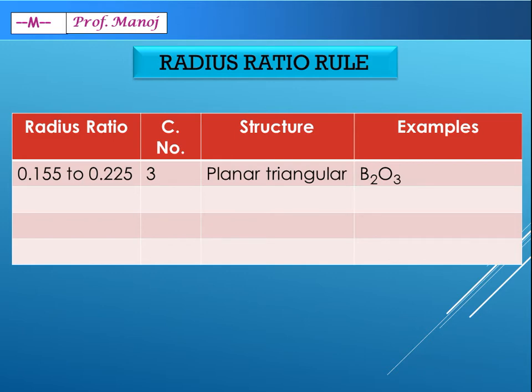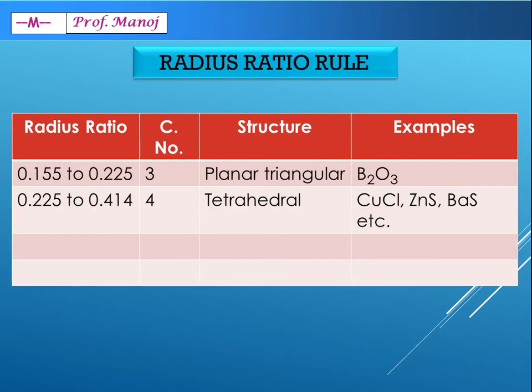One famous example is B2O3, boron oxide. If the radius ratio is in the range of 0.225 to 0.414, the coordination number comes out to be 4, the geometry is found to be tetrahedral, and zinc sulfide, cuprous chloride, and several systems are found.